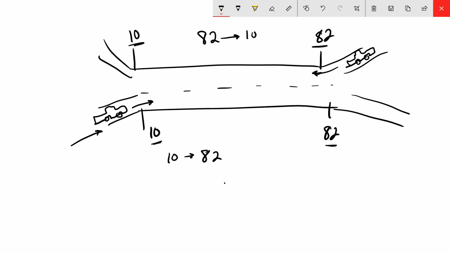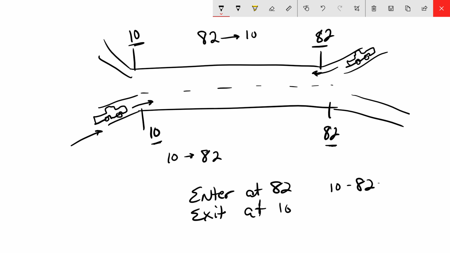So if I'm going to enter at 82 and exit at 10, I've got the idea of my distance being 10 minus 82, being a negative 72, okay?